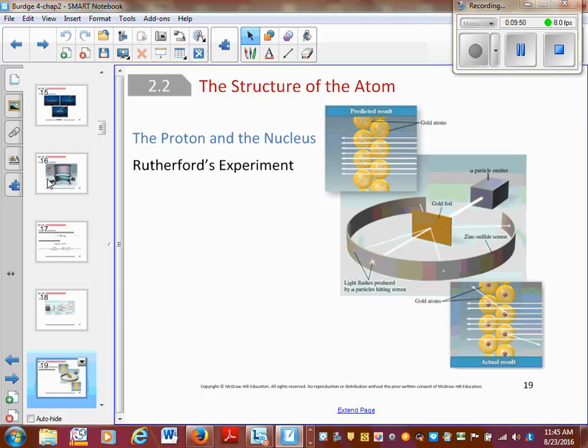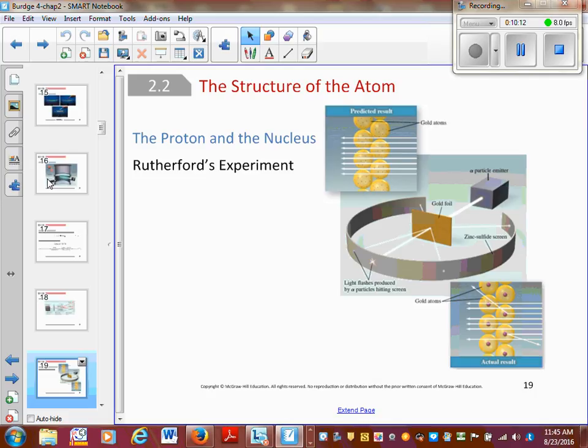So Rutherford, at that time, scientists thought an atom was pretty much a solid ball, or a ball consisting of protons and electrons, just evenly all mixed up in there.